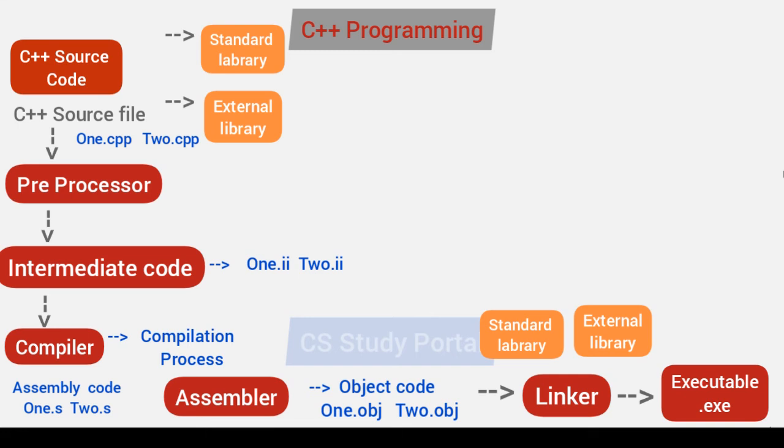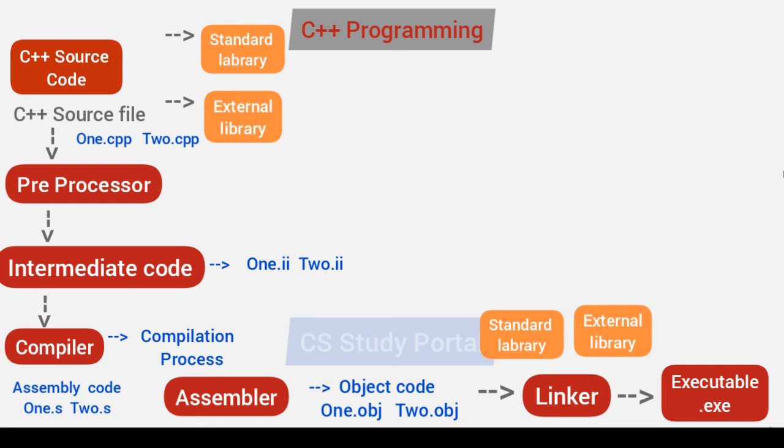Now during this stage, if the linker can't find a library which you have used in the source code, then it will generate an error saying that it can't find the library. So in that case, if you are using an external library, then you need to provide that library so that it can link it properly.